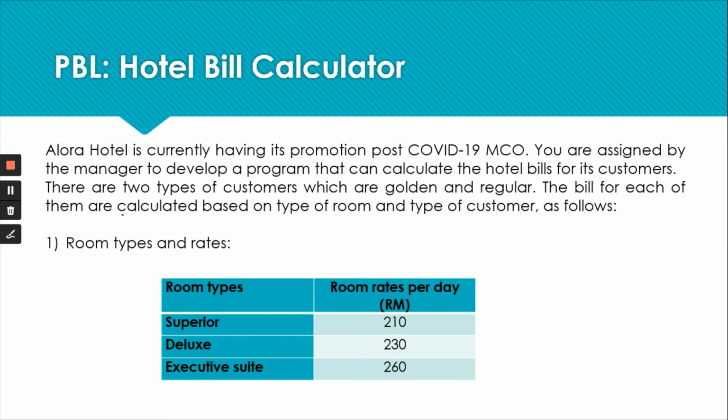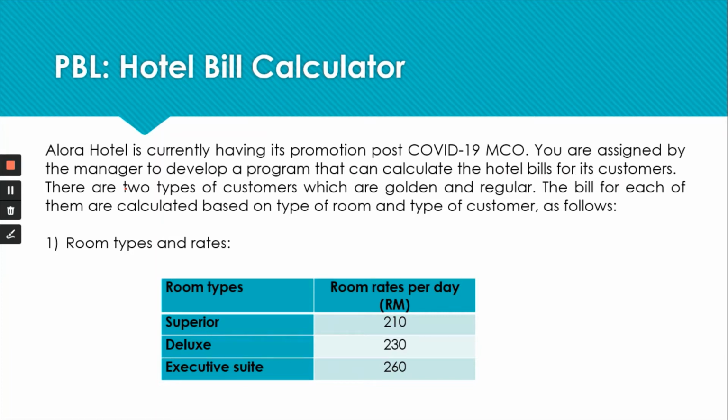Next, we are going to solve a problem to develop a system for hotel bill calculation. The problem given to us is Alora Hotel is currently having its promotion post COVID-19 MCO. You are assigned by the manager to develop a program that can calculate the hotel bills for its customers.